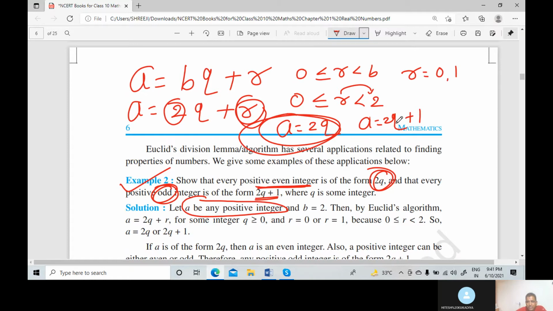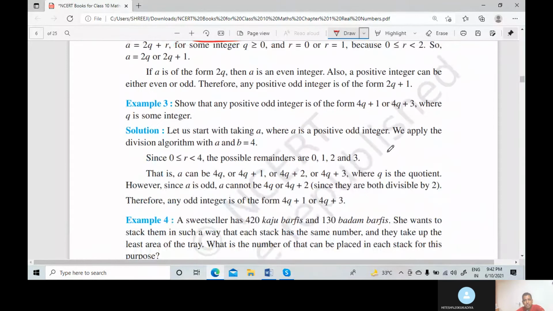With 2q plus 1 we get an odd positive integer. Check here also: suppose we put q equal to 9, so 2 nines are 18, an even positive integer, right? And again place 9, 2 nines are 18 plus 1 is 19, and 19 is an odd positive integer. Is that clear, students?